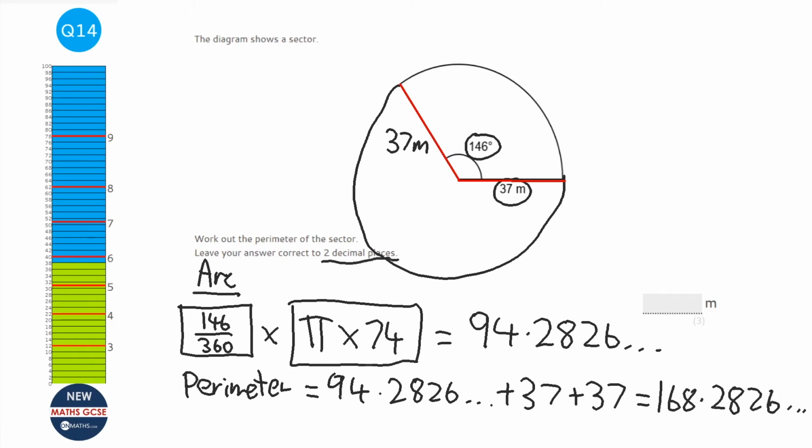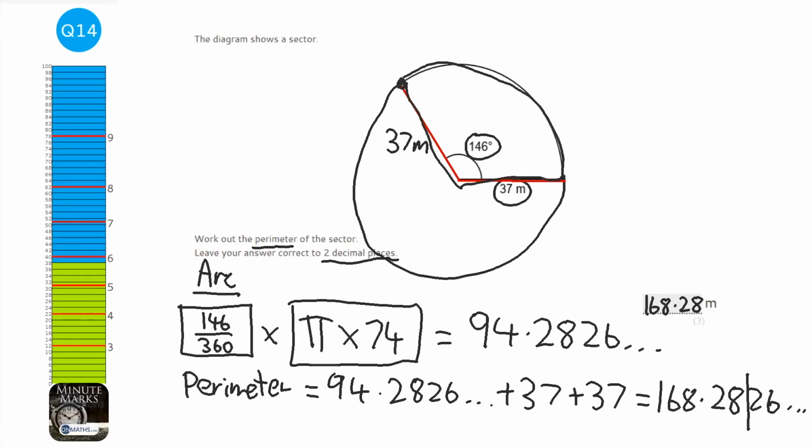To two decimal places, so line goes down here and we've got 168.28. Now just be careful that you add on the extra bits. When it asks you for a perimeter, just make sure you've gone the total distance around the shape. Put a dot and just draw with your finger around the shape to make sure you've got all the distances.